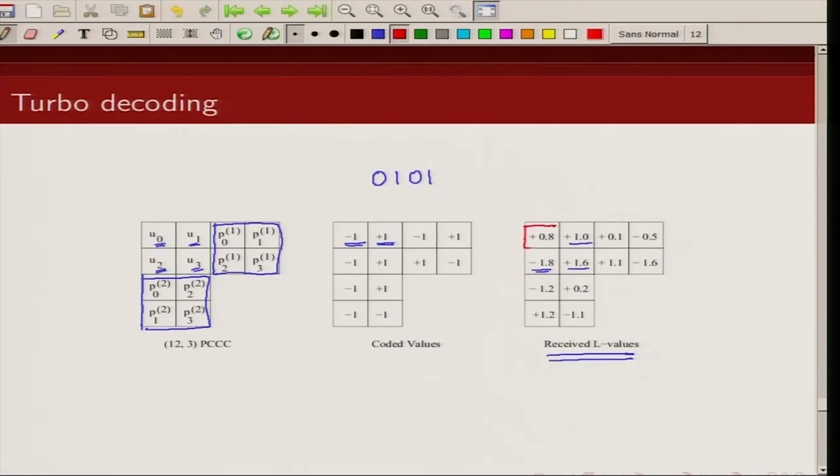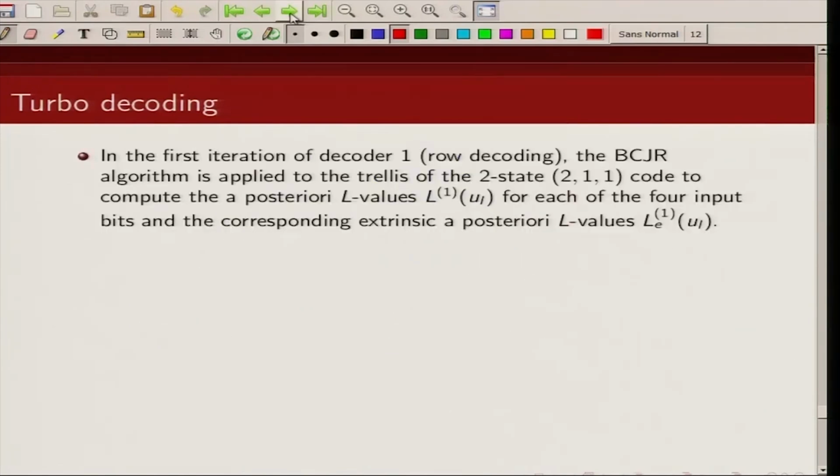Note here, this was transmitted as -1, but what I received is plus 0.8. So, this bit is received in error. Now, let us see how we are able to correct this error using turbo decoding.